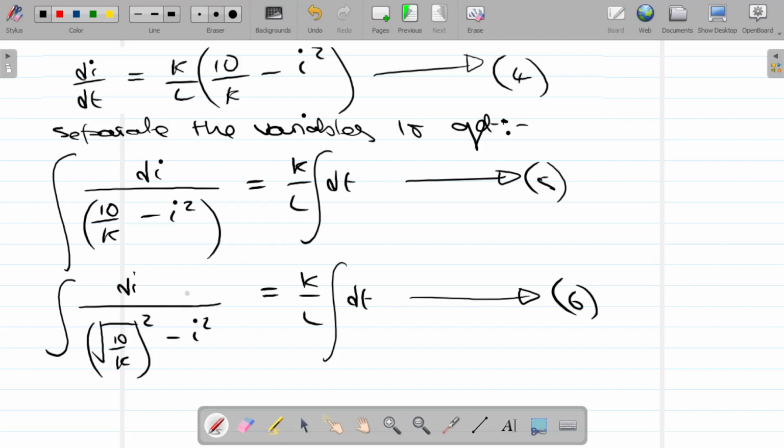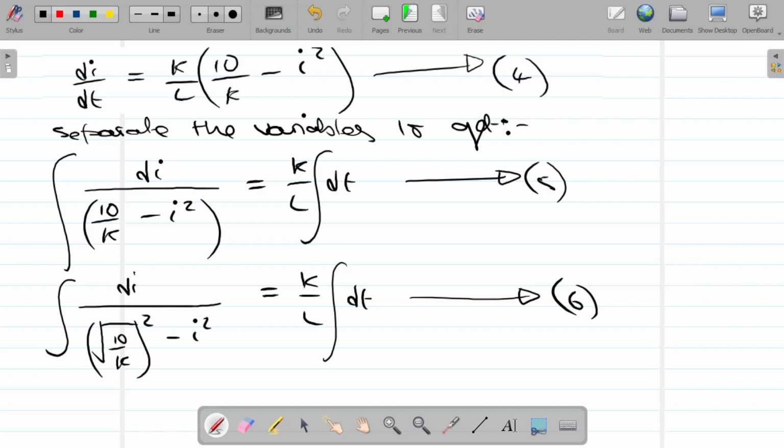The reason why I've written the left-hand side of equation 6 like this, with the root of 10 over k all squared, is because it makes it easy to work out what our substitution has to be, because that's what we're going to do next. We're going to use a substitution for I to simplify the expression and therefore integrate it more easily than we would have otherwise done.